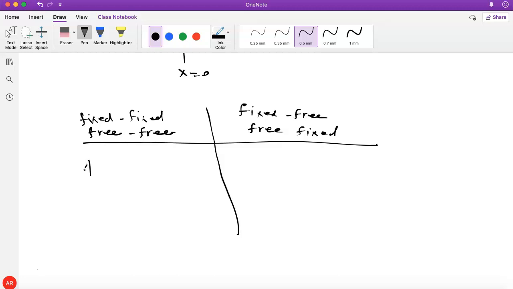If it's fixed, then we would just fit 1/2 of a wavelength in there. And if it's free, again, we would fit 1/2 of a wavelength. It looks different, but the length of the string will be lambda over 2. So let's draw the free here.